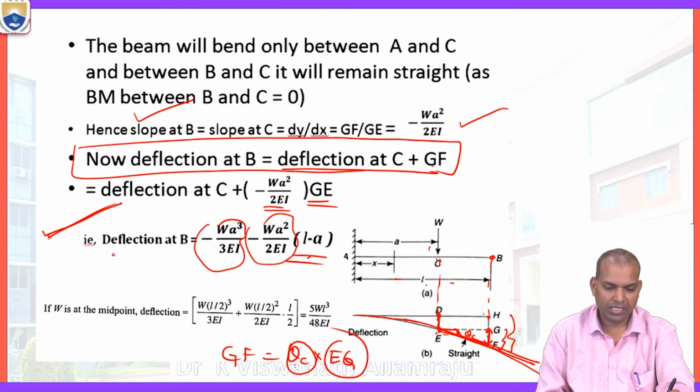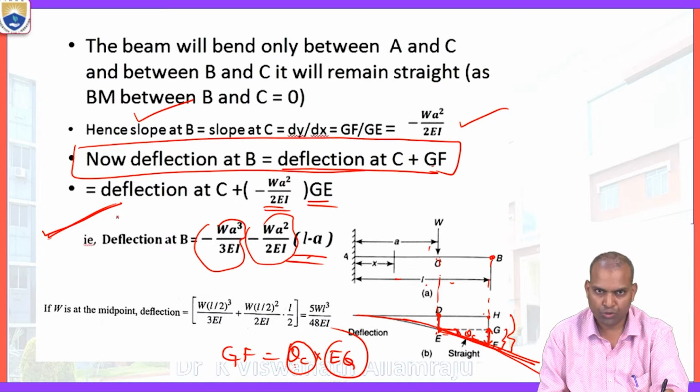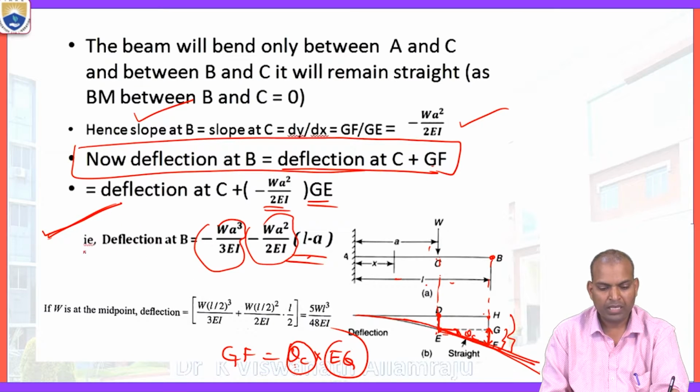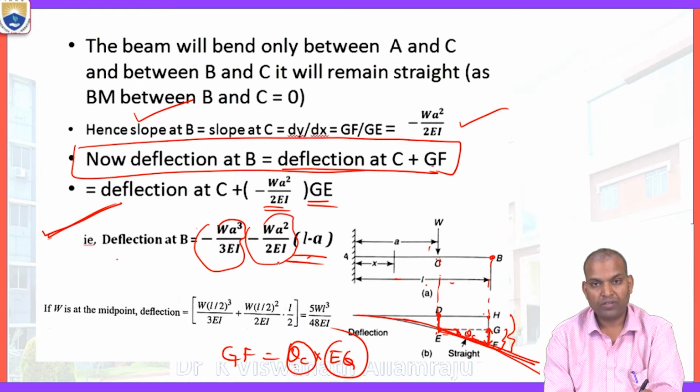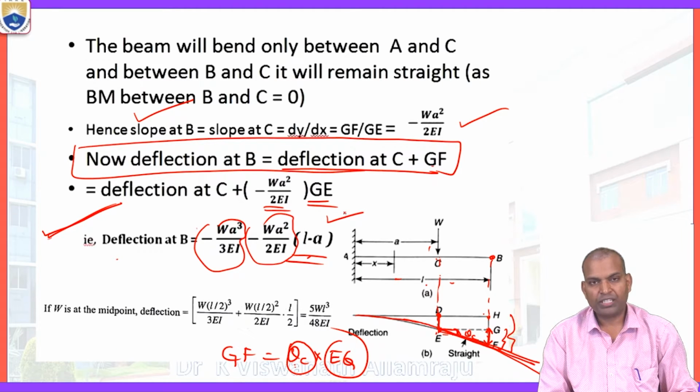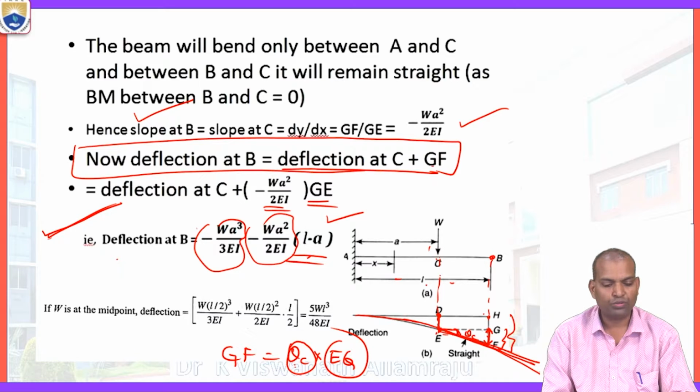Now deflection at C. The deflection at C is WA cube by 3EI. Deflection at B, this is the value, negative of WA cube by 3EI minus WA square by 2EI times L minus A. Now we want the deflection if W is at midpoint, that is A equal to L by 2.